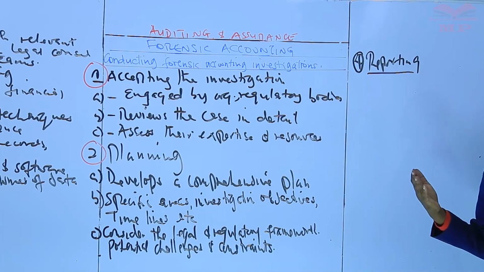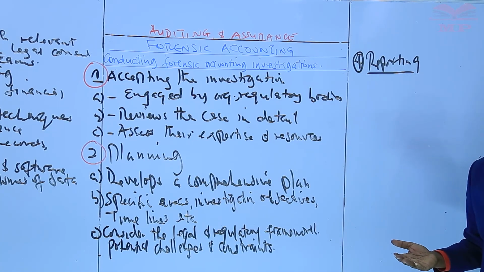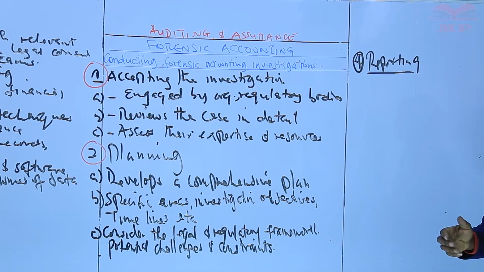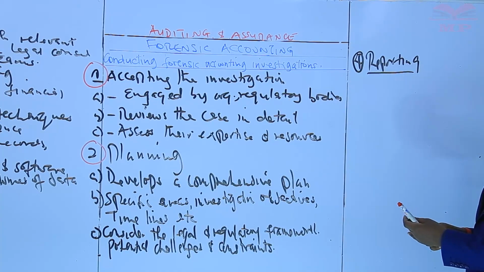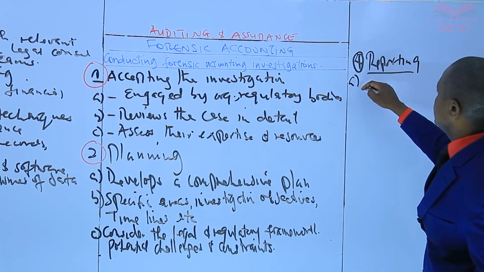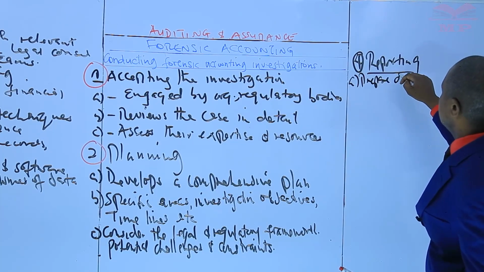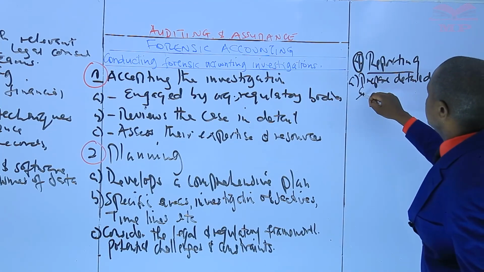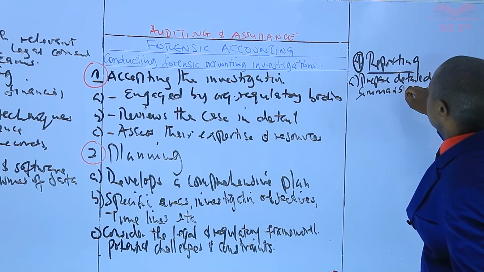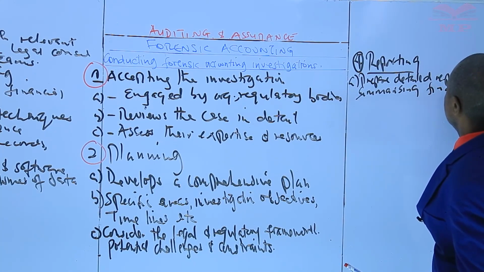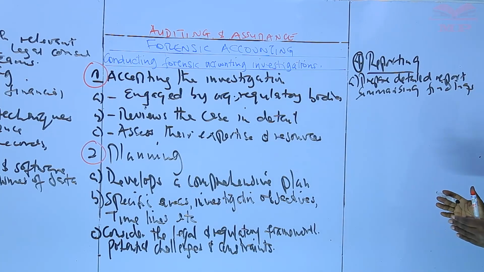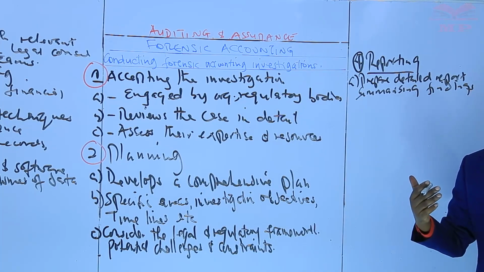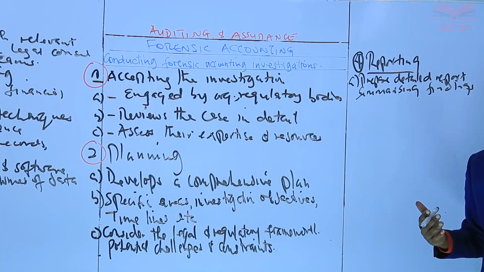Now, after gathering and analyzing the evidence, the forensic accountant prepares a detailed report summarizing the findings and the conclusions.